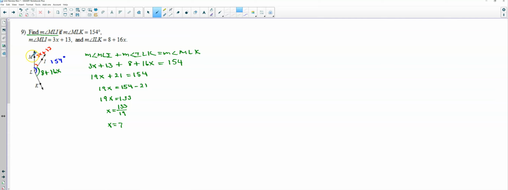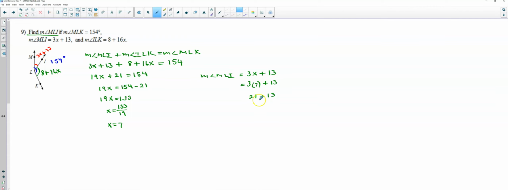So I'm going to go to MLI. The measurement of angle MLI given from them is 3x plus 13. So all I have to do now is plug in that 7. So that means 3 times x, x is 7, so 3 times 7 plus 13. 3 times 7 is 21. 21 plus 13 is 34, right?